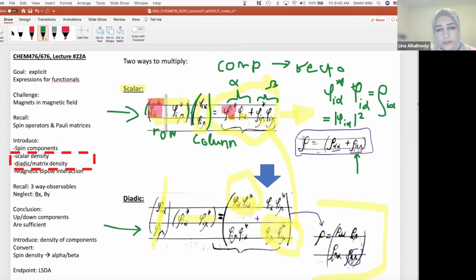So we have the first term of the column times alpha, so we have alpha alpha first. The second will be the first in the column times the second in the row. So we will get alpha beta, the second term in the matrix, and then beta alpha and beta beta. That's correct. So we have a matrix of 4 elements.